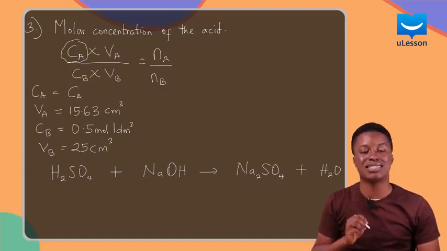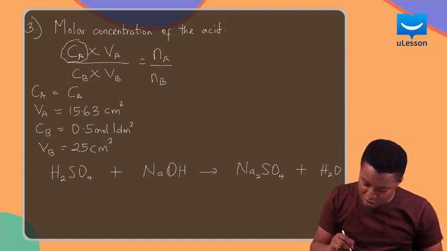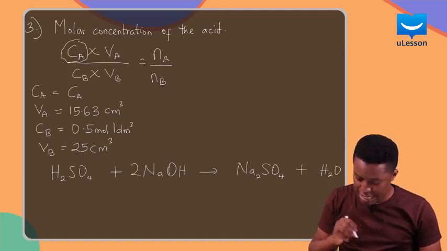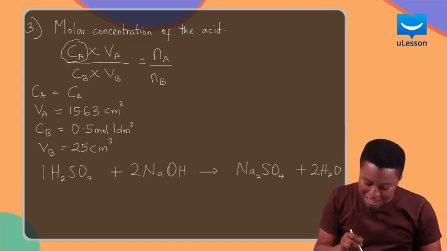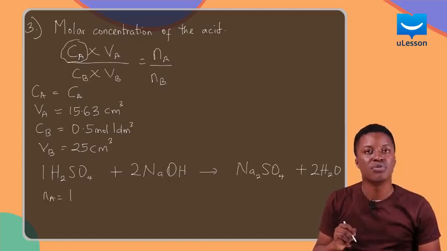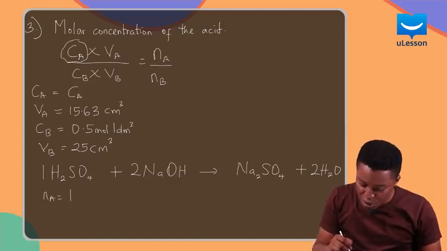We have to balance this equation. We should put 2 here and 2 here. This balances the equation. So we can see that 1 mole of the acid H2SO4, so Na is 1, reacts with 2 moles of the base, so Nb is 2.